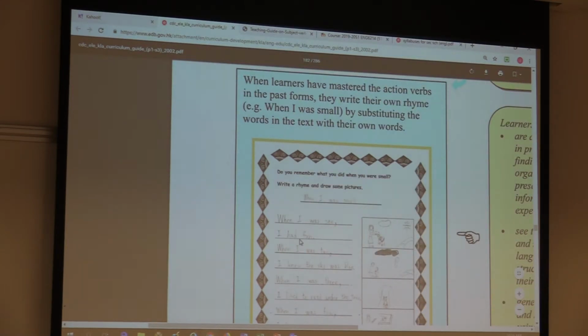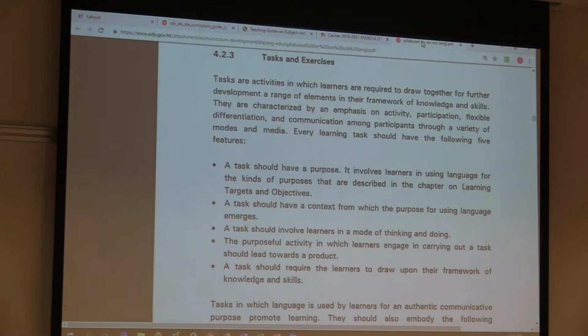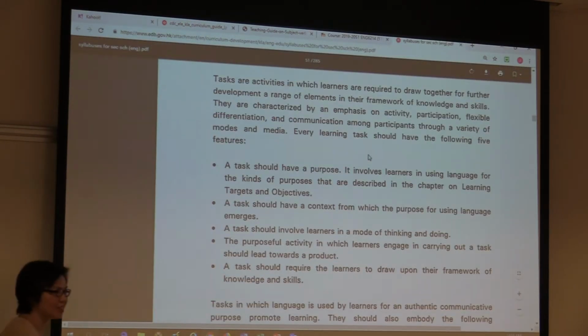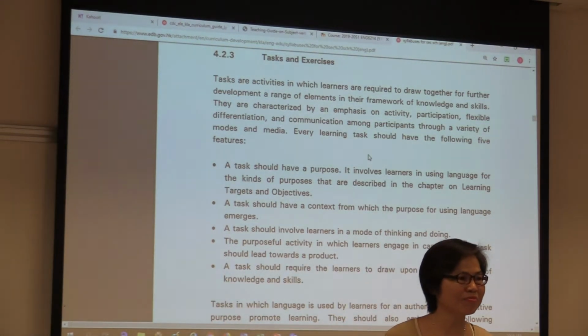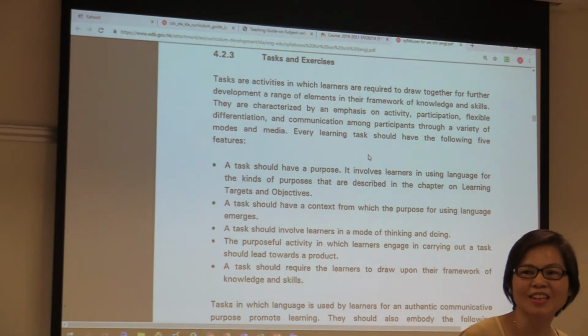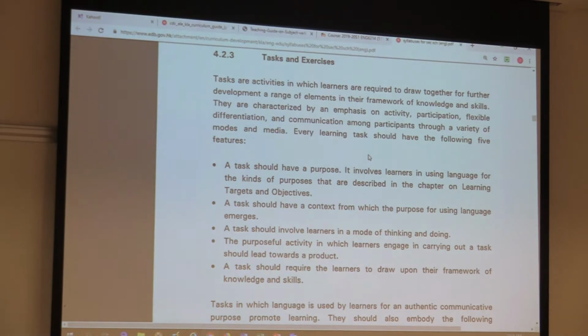Here it says, do you remember what you did when you were small? Write a rhyme and draw some pictures. Is there a context here? What's the context then? When I was small.